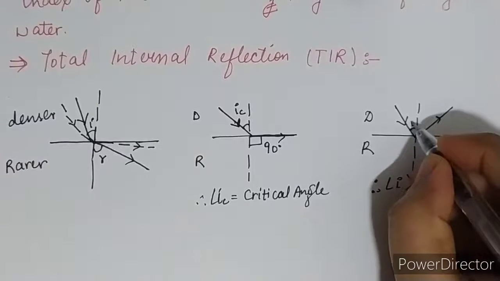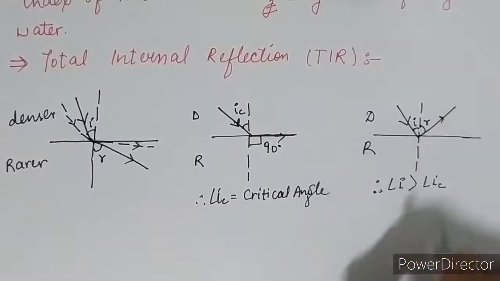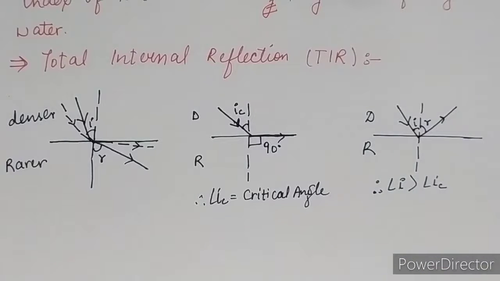This is your angle I and this is your angle R. It behaves like a reflection phenomenon. Clear? So when the angle of incidence is greater than the critical angle and the angle of refraction is more than 90 degrees, such a case is known as total internal reflection. That is the total internal reflection.